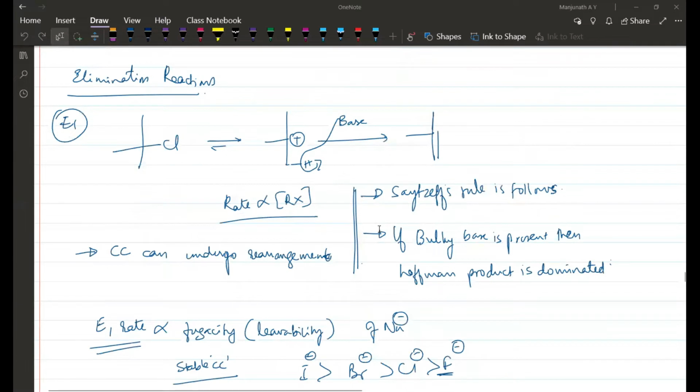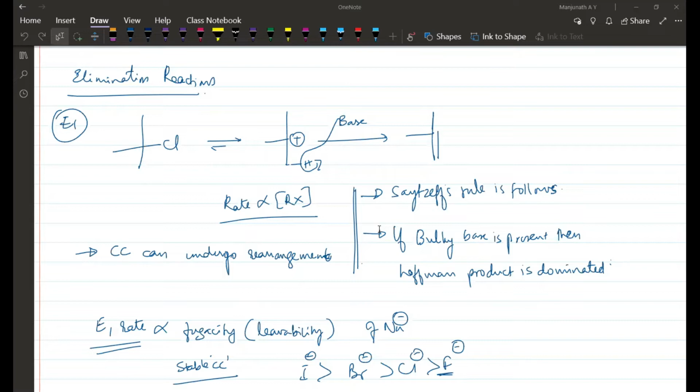In elimination reactions, we have seen E1 and E2, these two we have already discussed. In case of E1, rate is proportional to substrate. Here also carbocation is formed. The last step is removal of beta hydrogen, or I can say acidic hydrogen, by the base.